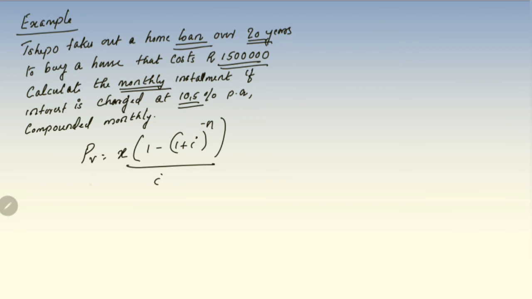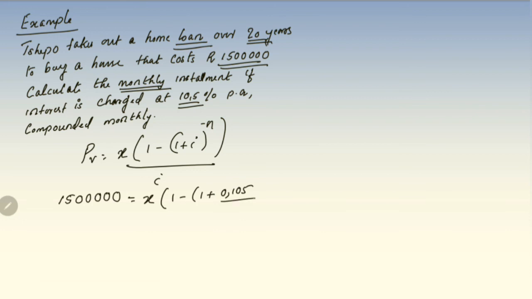So let's substitute. Present value, I'm going to write 1.5 million, that is 1 500 000, is equal to x, which I have to calculate, times 1 minus bracket 1 plus i, where 10.5 divided by 100 is 0.105.